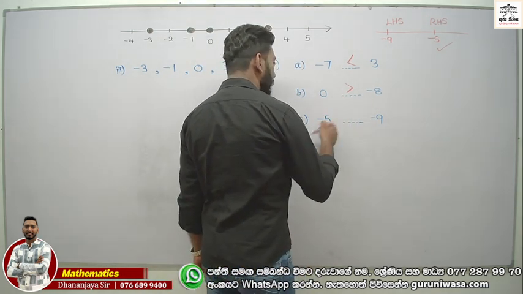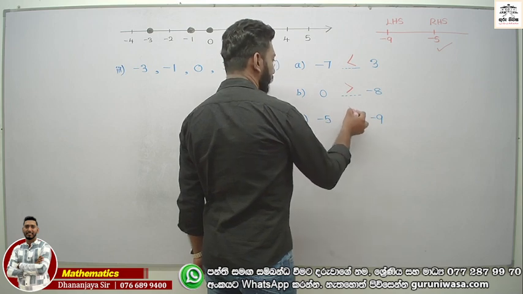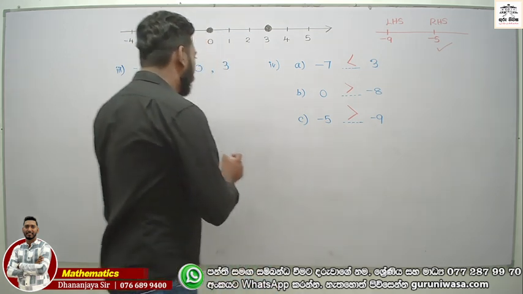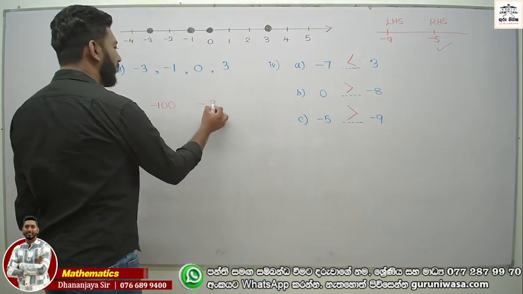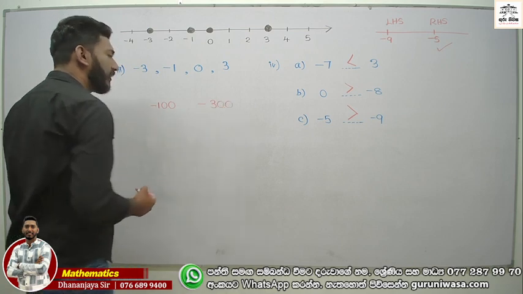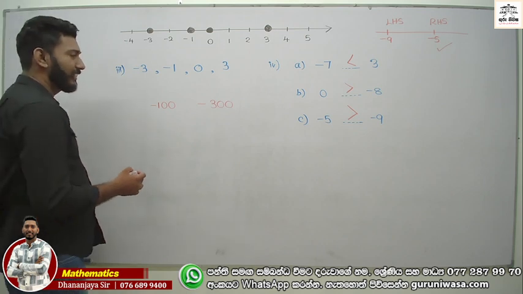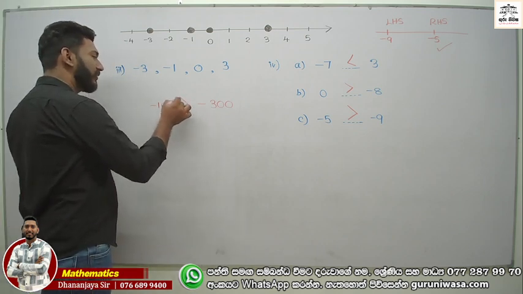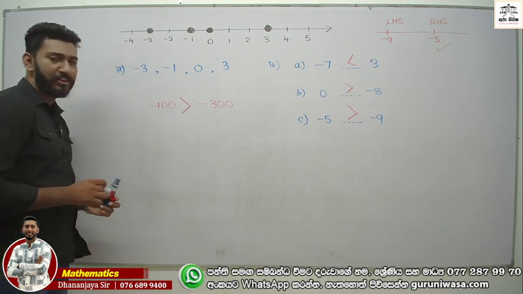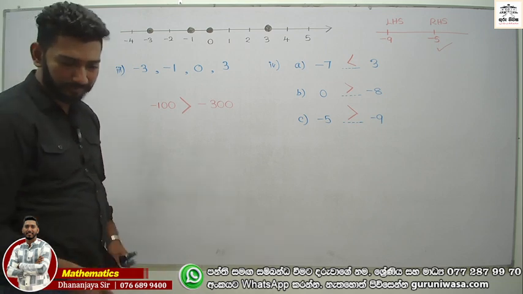Then minus 5 is the greatest one. Minus 5 තමයි ලොකුම. දැන් මේ බලන්නකෝ. Minus 100, minus 300. Now tell me, what is the greatest one? It's not minus 300. Minus 100 is the greatest one. Minus 100 තමයි පුතේ ලොකු. Well done.